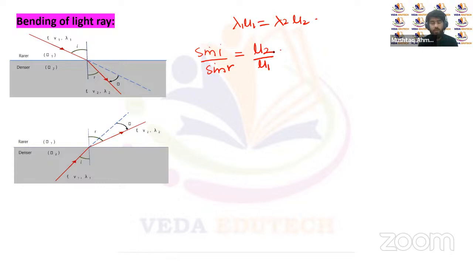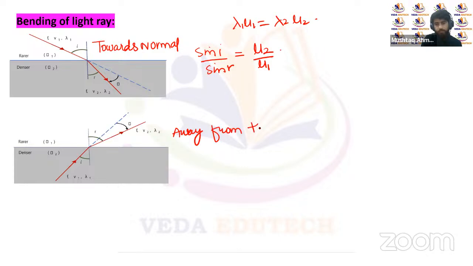And similarly, if the ray of light is coming from the denser medium into the rarer medium, then it's going to bend away from the normal. You can see here, it's bending towards the normal in this case, and here it will bend away from the normal.